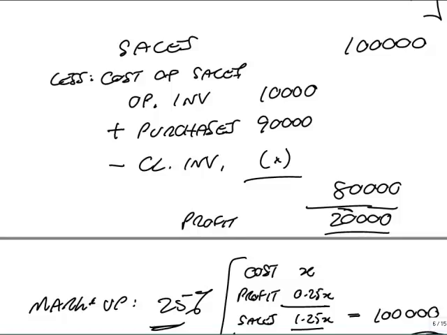But now, of course, it's easy. If the cost of sales is 80, what must the closing inventory be? What must the closing inventory be, please, if the cost of sales is 80 on those figures there?